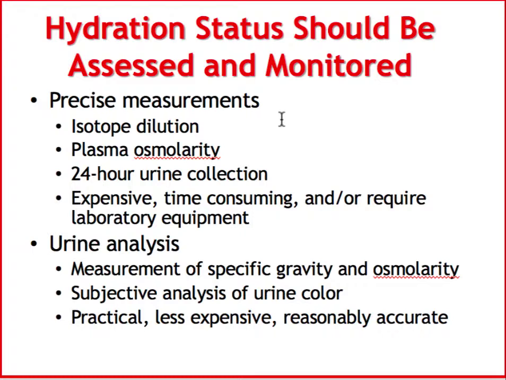You can measure hydration status with a radioactive tracer, like deuterium, which distributes throughout your body fluid compartments, and then you take a sample and assess hydration status. You could also take a blood sample and measure plasma osmolarity, or do a 24-hour urine collection, but that's expensive, time consuming, not available to most athletes, and more trouble than it's probably worth.